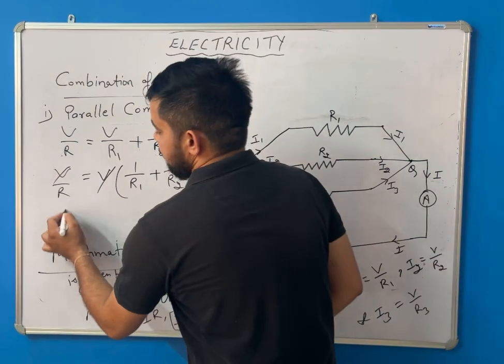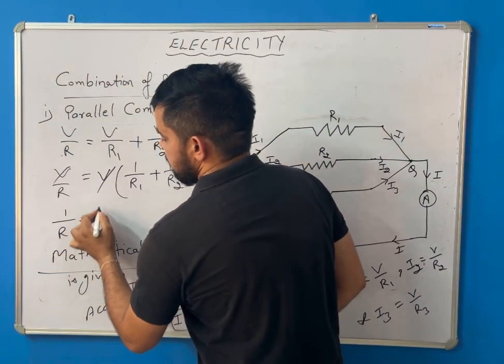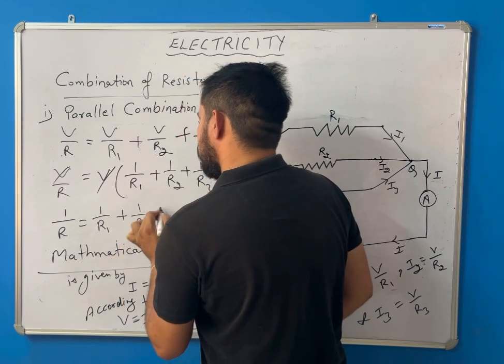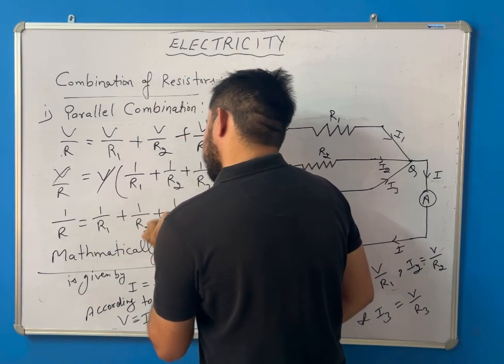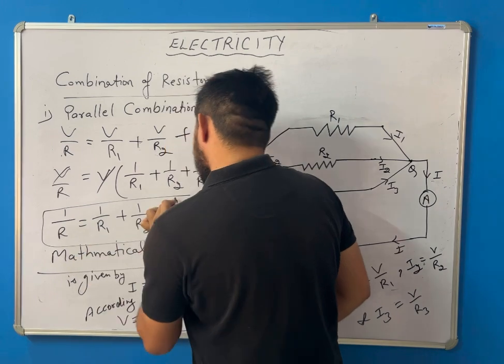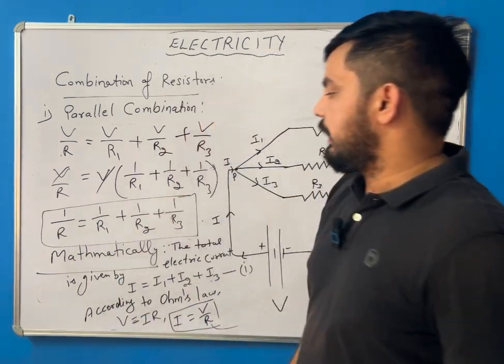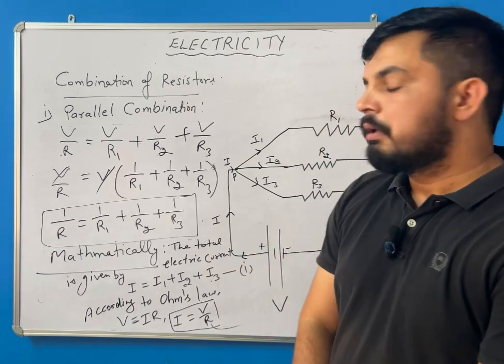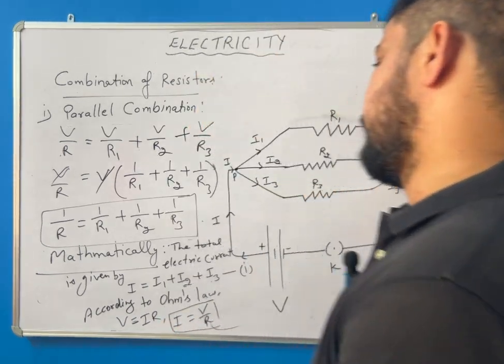What we get is 1/R = 1/R1 + 1/R2 + 1/R3. So this is your final formula to find the parallel combination of resistors.